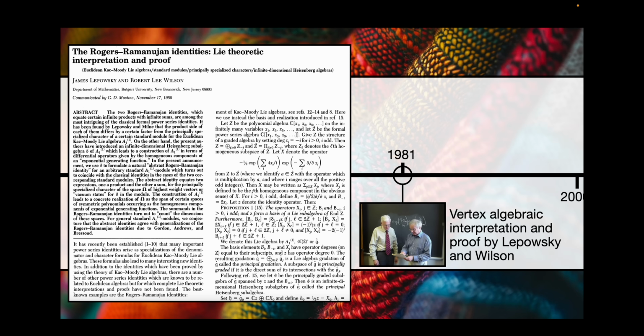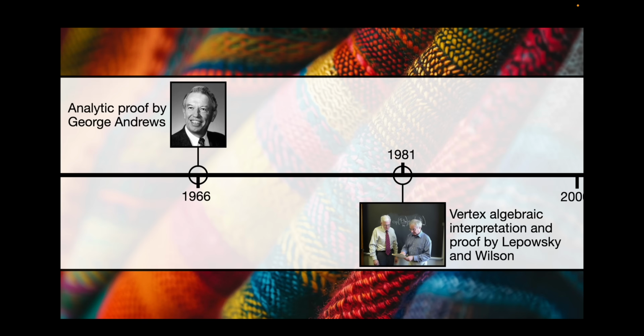They used these vertex algebraic techniques to study the affine Lie algebra attached to SL2 and its modules. And as you can see, the paper says a Lie theoretic interpretation and proof, but that's because vertex algebras were not widely studied in the early 80s. And since then Lepowsky has pointed out that this is more of a vertex algebraic proof and not a Lie theoretic proof.